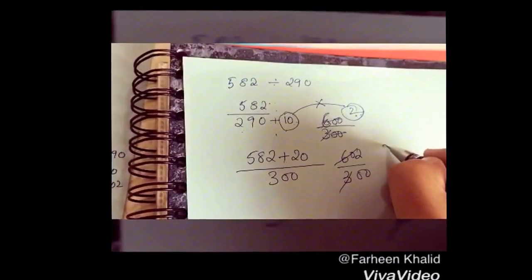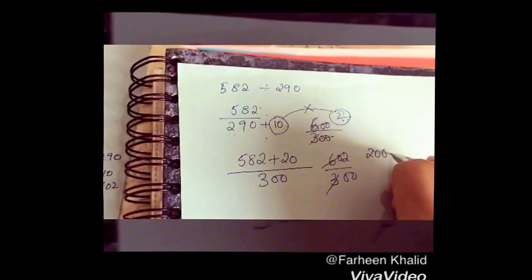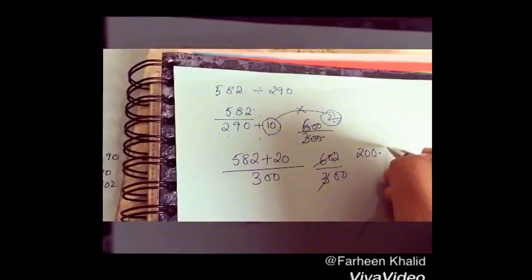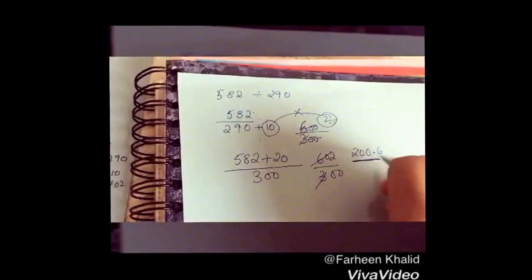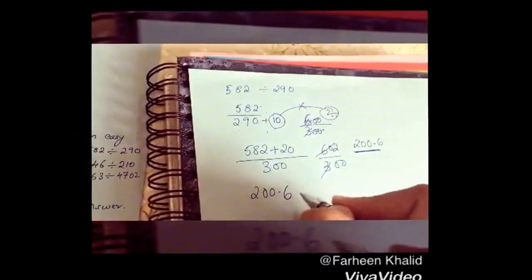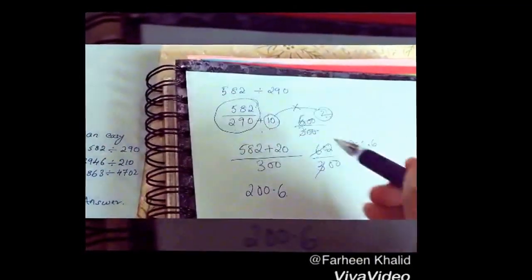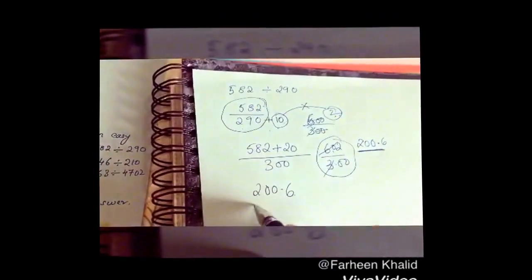It's like 2 times 3 is 6, 0, 3 times 0 is 0, and point, and then you have 2 left. So 3 times 6 is 18, and so on. So basically this is the answer that we got. What is the answer? It is 200.6. We have boiled down this question to this one, made it simpler, and we have got this answer.